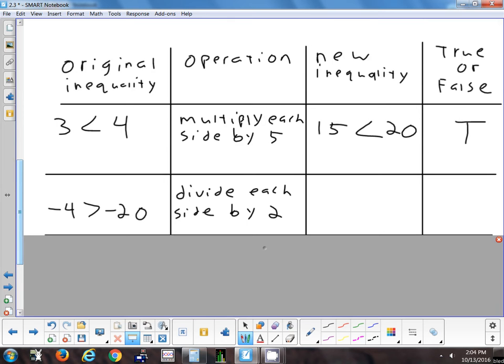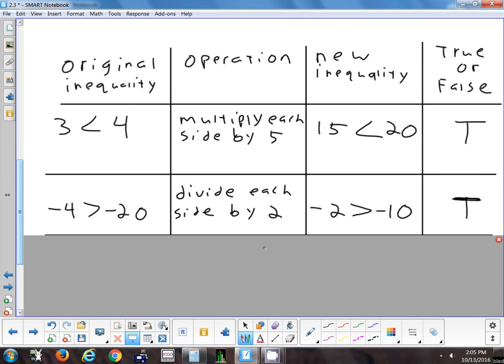Bay, what's negative 4 divided by 2? Yeah, negative 2. And what's negative 20 divided by 2? Careful, not 10, but negative 10. Is negative 2 greater than negative 10? Yes. If you're thinking on a number line, negative 2 is to the right of negative 10. So yep, that's still true.